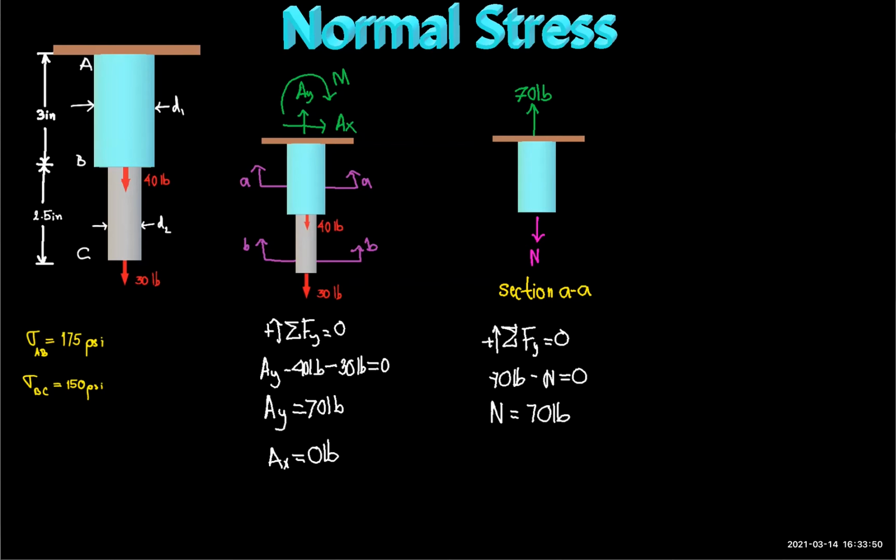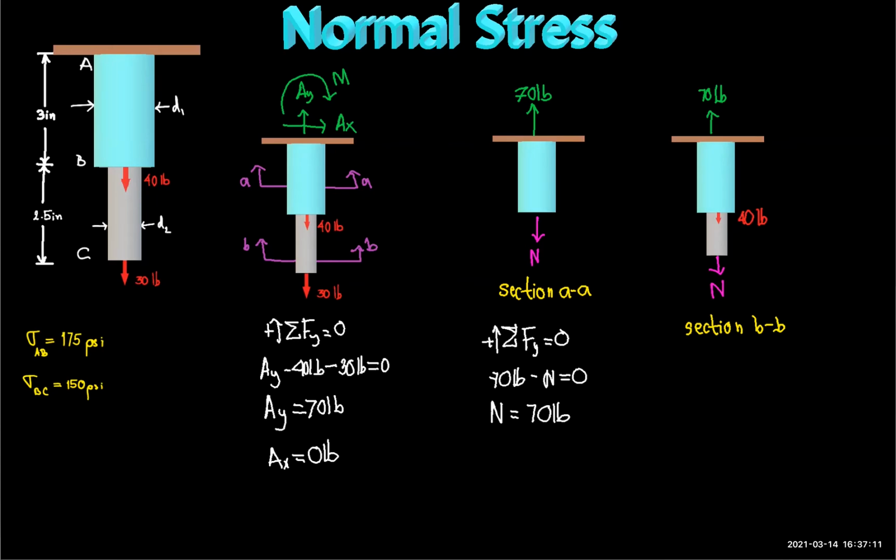In this case, the normal force acting on member AB is from point A to right before the 40 pounds force is applied at point B. In this section, we can see that the internal normal force of the member AB is 70 pounds. We can move on to analyze the next section, section BB.